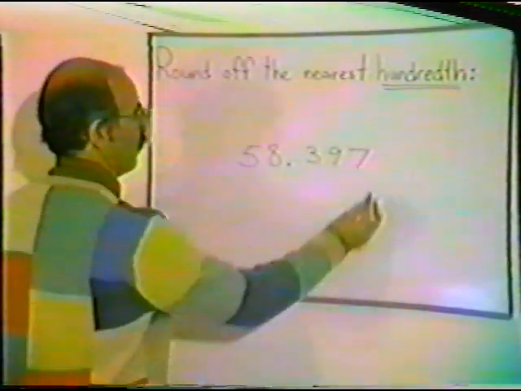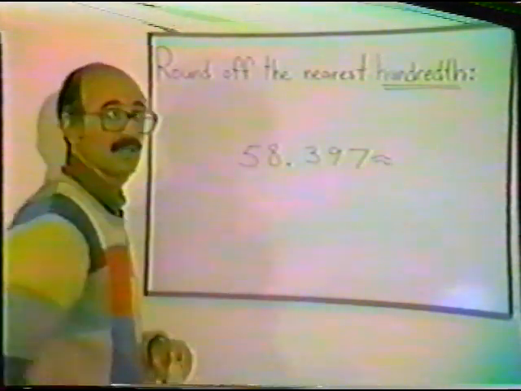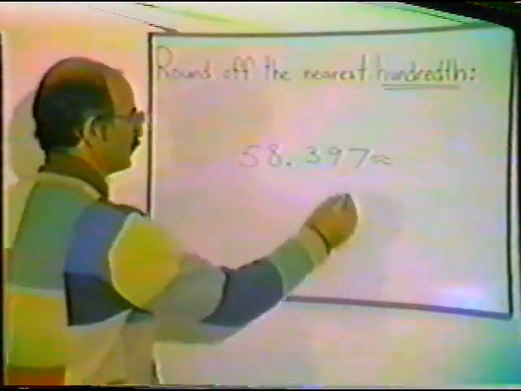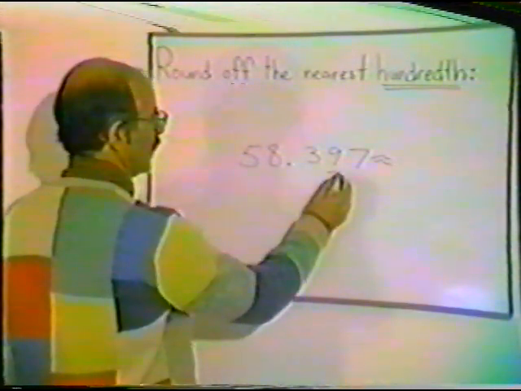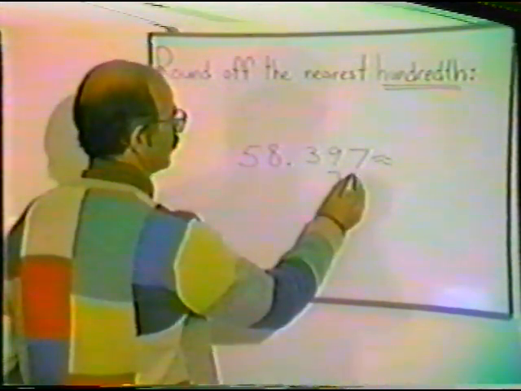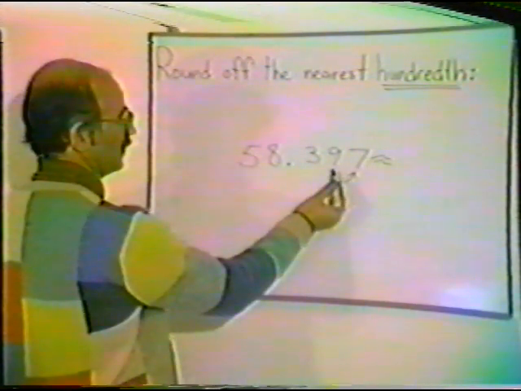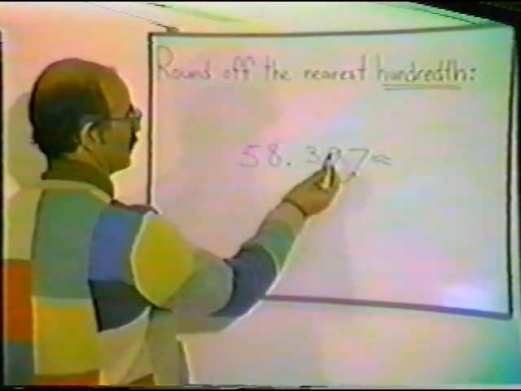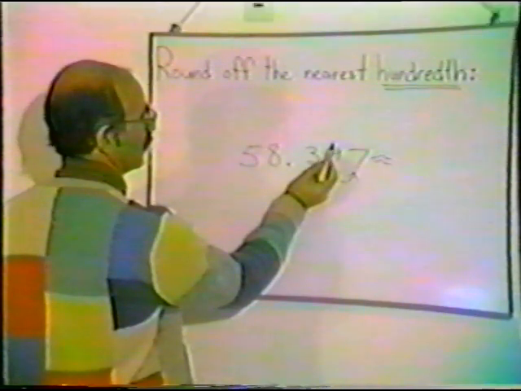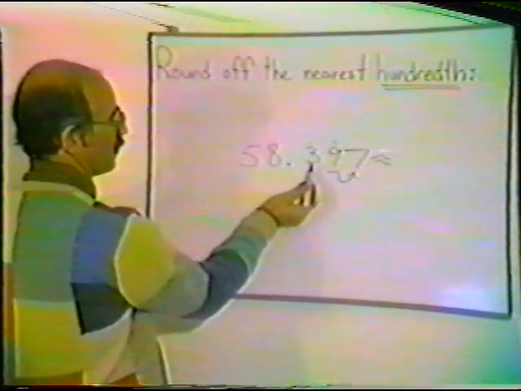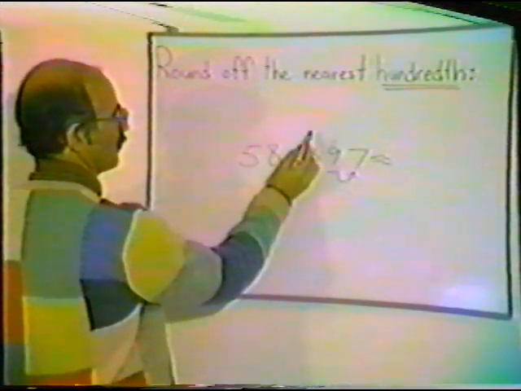58.397. Which number is in the hundredths place? 9. We underline the 9. We point to the 7. The 7 tells us that the 9 goes up to 10, and we carry the 1, and therefore 3 plus 1 is? 4.